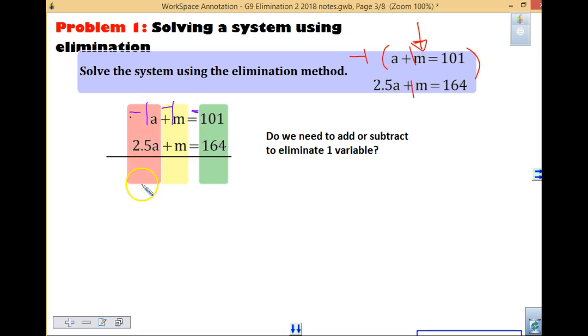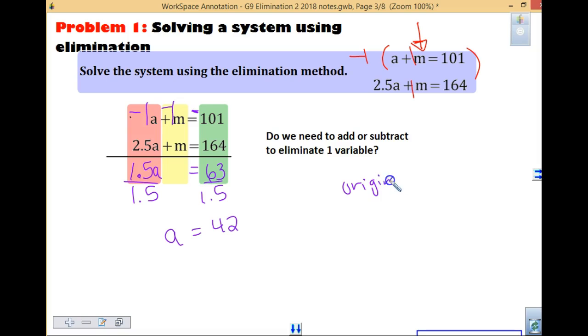And now we are going to add. -1 plus 2.5 is going to leave us with 1.5a, 0m, which we're not going to write, equals 63. If you don't have a calculator, grab one. We're going to do our division to split. A equals 42.